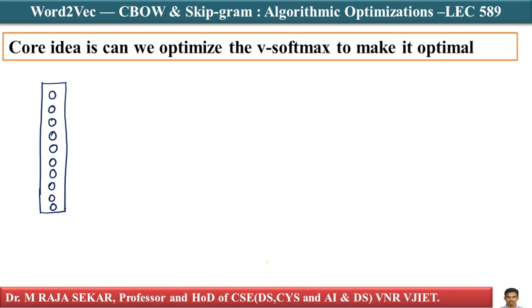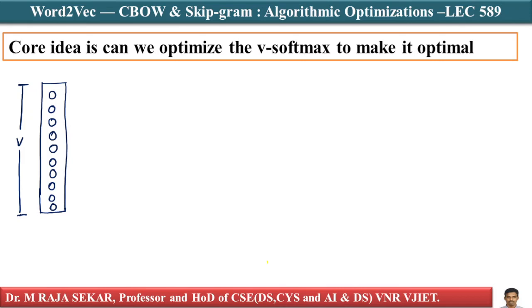So your V dimensional softmax looks like this. You have V units in this one, V activation units in the V softmax. So the core idea is, can you somehow modify this?